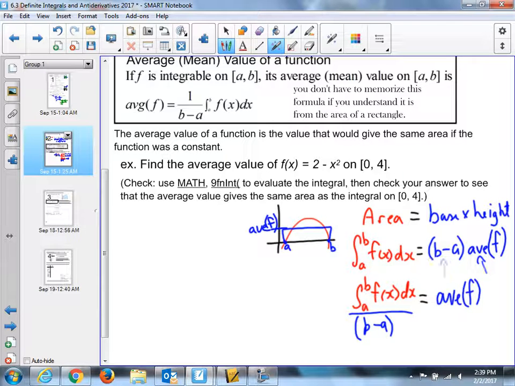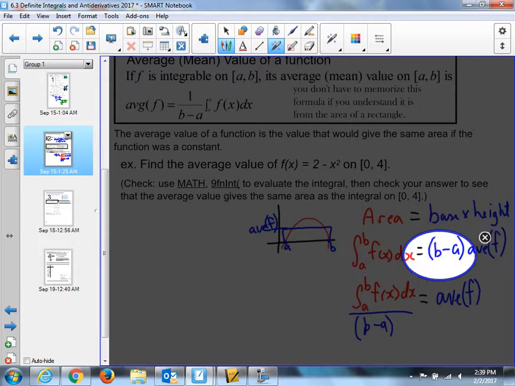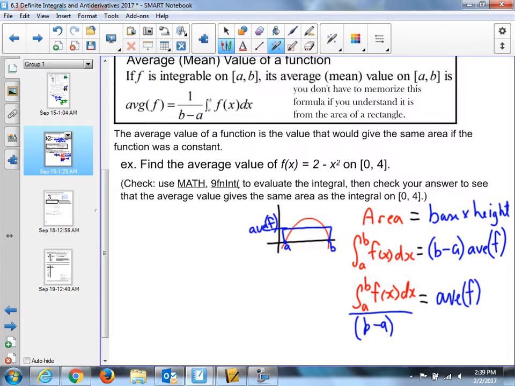But if it's just too much to memorize, as long as you understand that when you're talking about average value of a function, you're just finding the average height that will give you the same area. Area equals the base times the height. That's just isolated for the average height of the function. It's just a straight line.